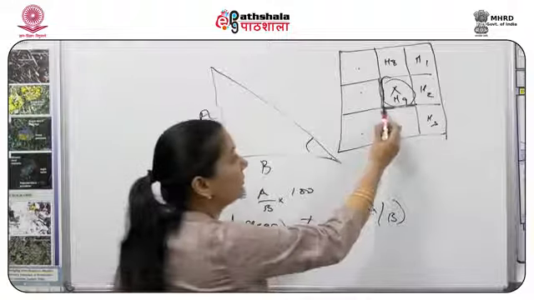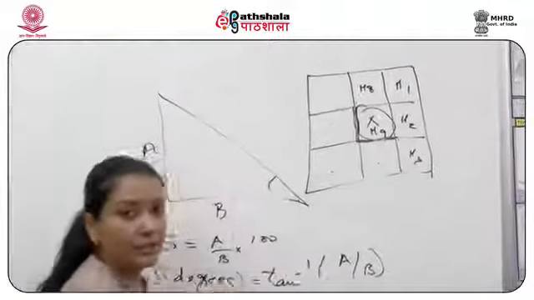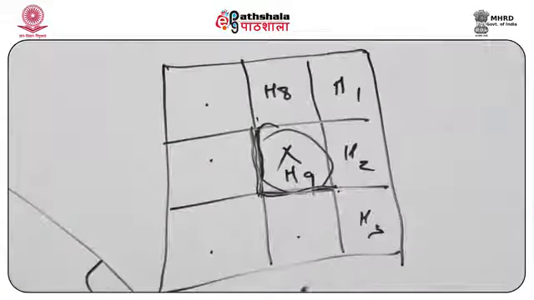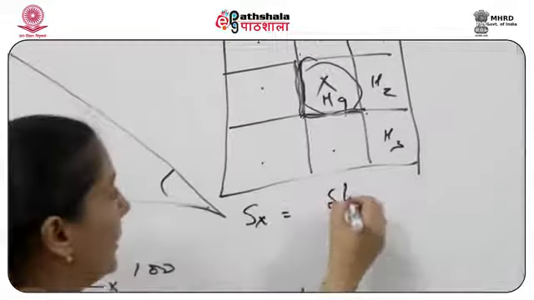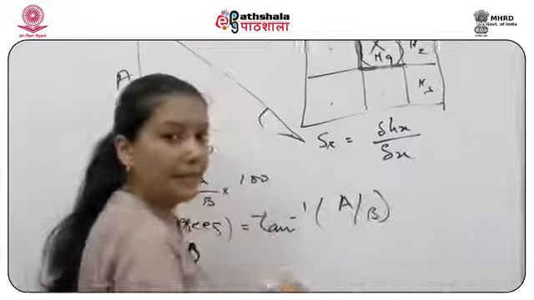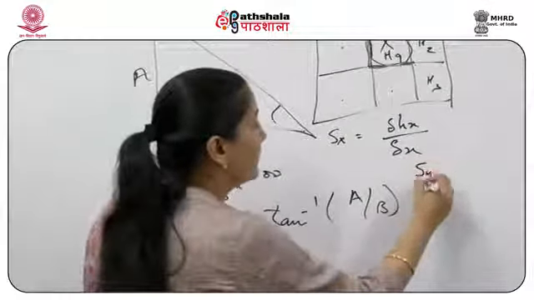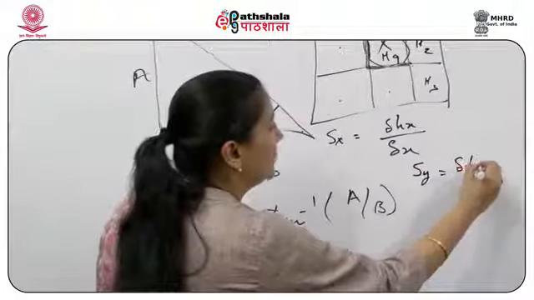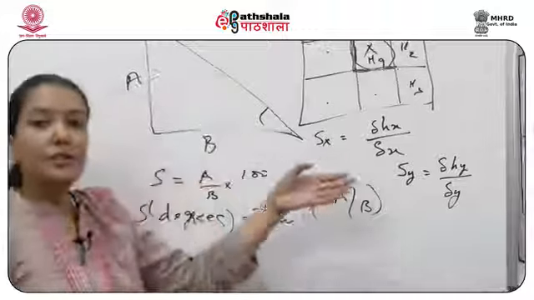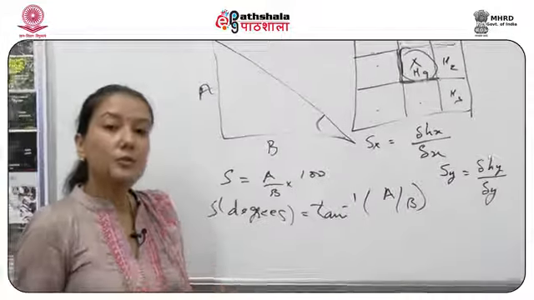So you calculate the slope in both of these directions using the finite difference method. The slope in the x direction would be del hx upon del x, and similarly the slope in the y direction would be sy equal to del hy upon del y. However, this does not give you the magnitude of the total slope.